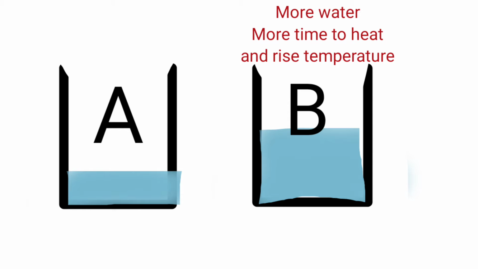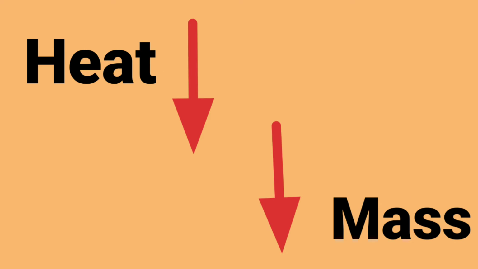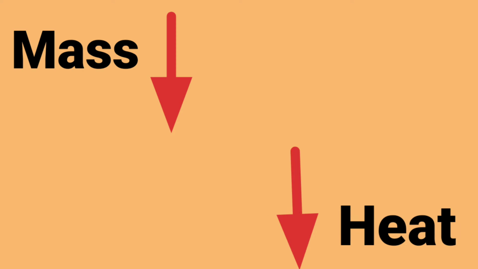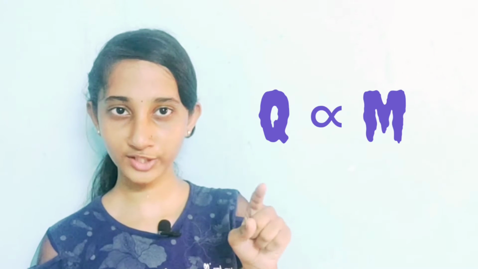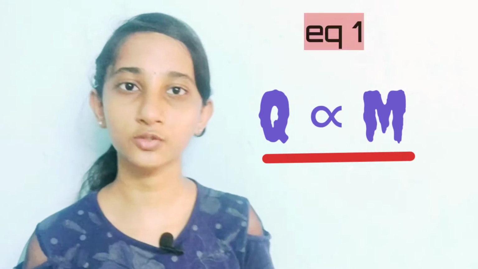Here, we took 2 kg of water in beaker B, so it takes more time to attain 50 degrees Celsius. Since mass decreases, heat also decreases. Q is directly proportional to M. Let me call this Q is directly proportional to M, equation 1.